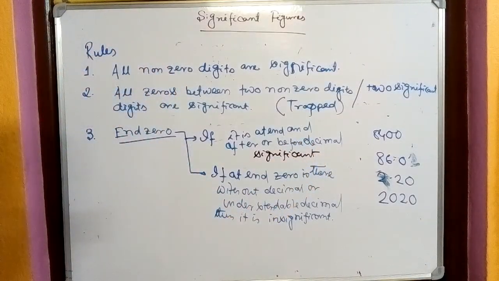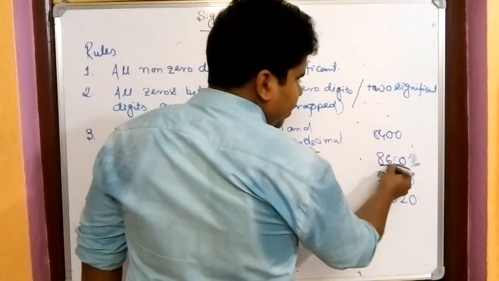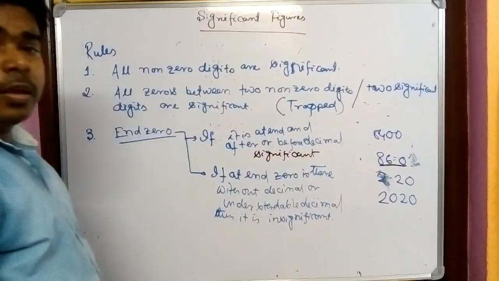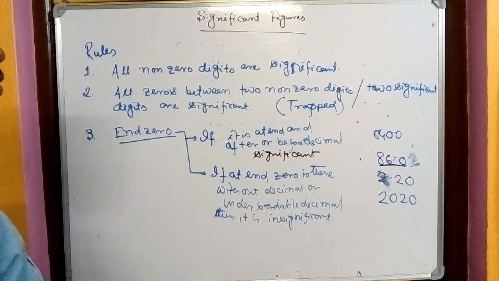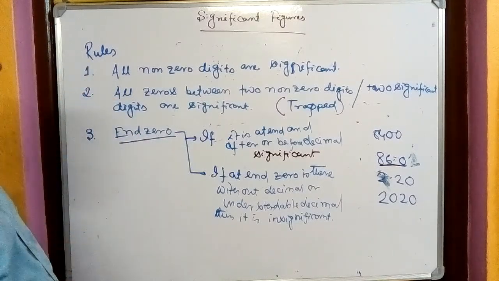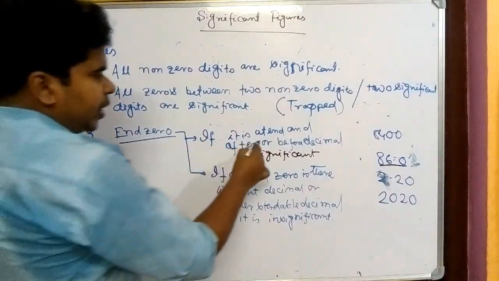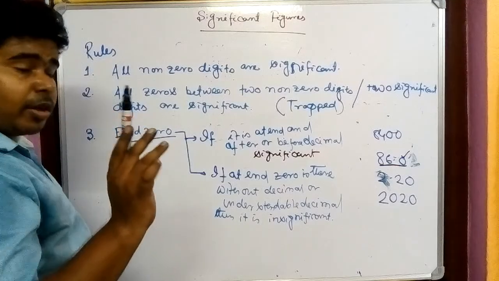Coming to a number, assume I am talking about the number 86.0. Whether this 0 at the end is significant or not, we will see. How do we check? If it is at the end, yes, this 0 is at the end. First condition is proved.